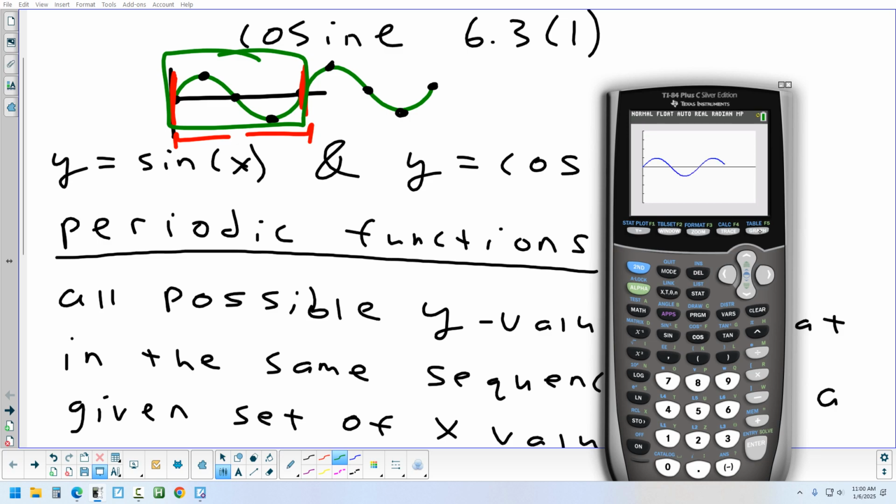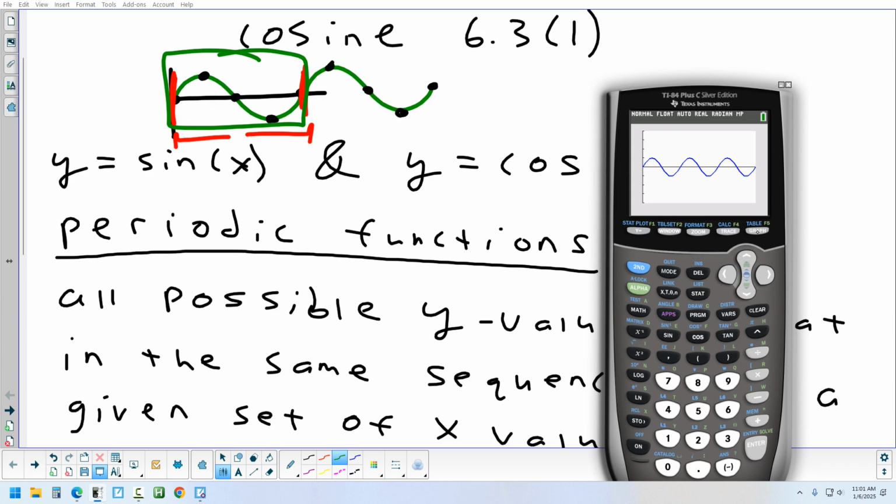There's 1 and there's 2. How about if I wanted to see 3 cycles? Yeah, I could set it to 6 pi. However many chunks of 2 pi you set your window to, that's how many cycles you will see.